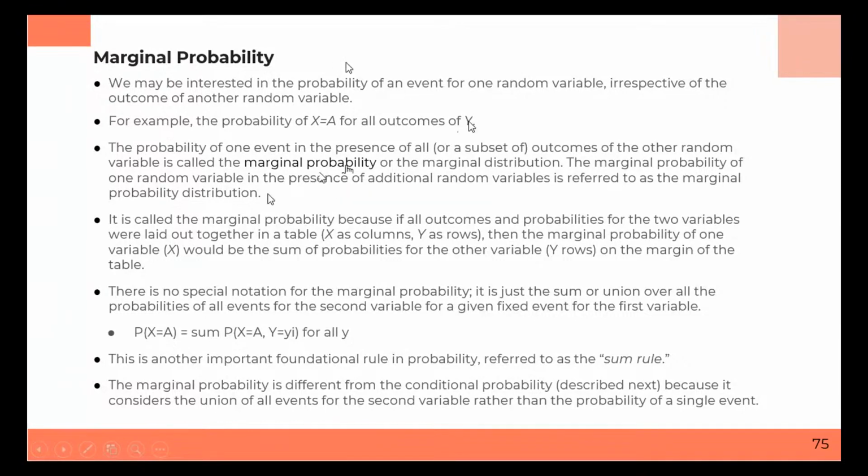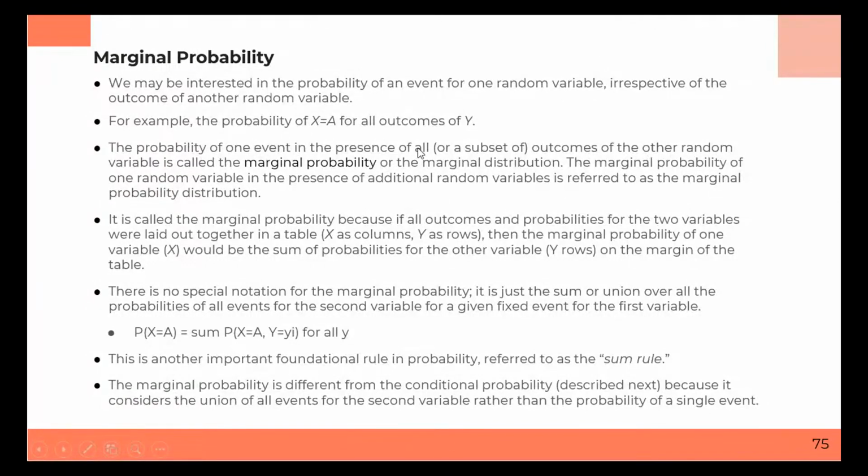This is my random variable, this is the other random variable, and this is my event. How to understand that? I have the probability of one event, for example A. I have tossed a coin once, that is my event A. Next, the probability of one event in the presence of the outcome of the other random variable.